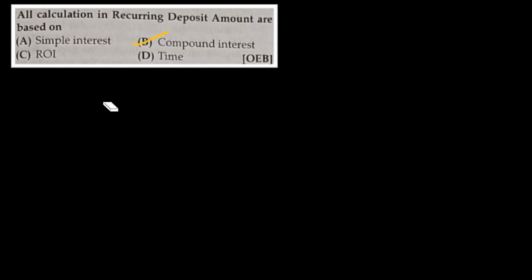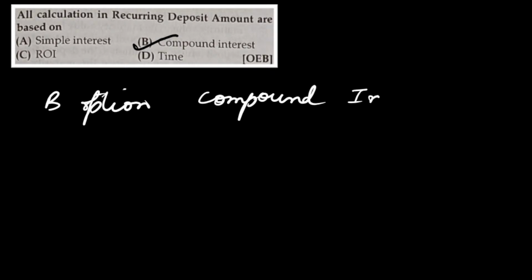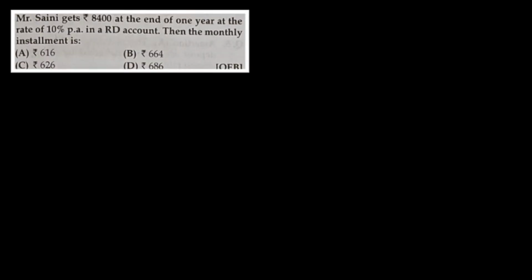So this you can just do as a direct question. Compound interest. So here option B is the correct answer. Option B, compound interest. Let's do the next one now.